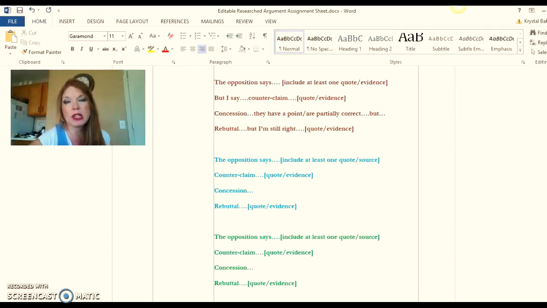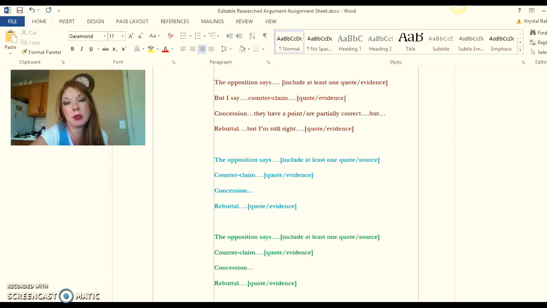Okay, so something the opposition would argue with you against your claim. You can say anything along the lines of, some people might say, researchers might say, public opinion states, something like that. And then give the counter argument. Yes, you are starting with their counter argument against you, what the opposing viewpoint would say.